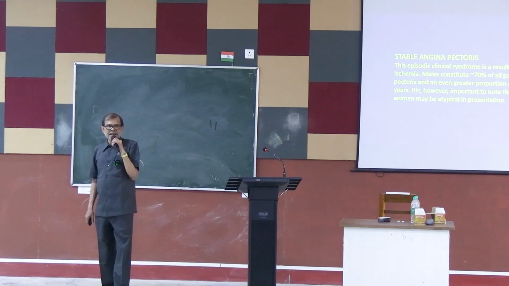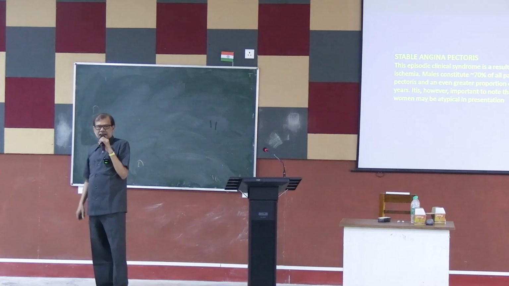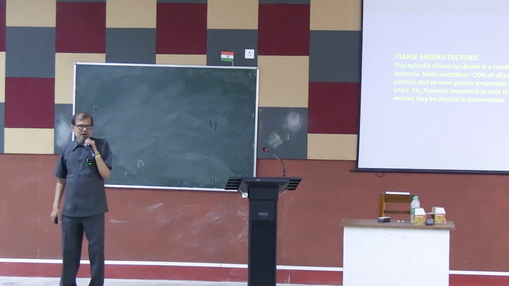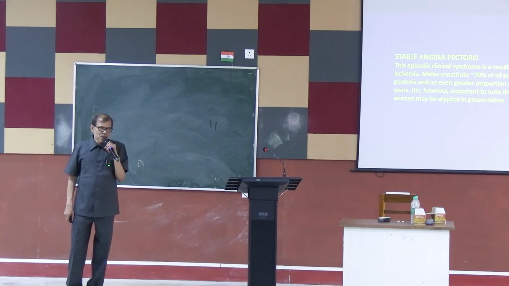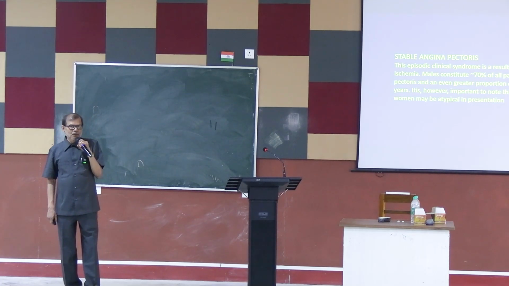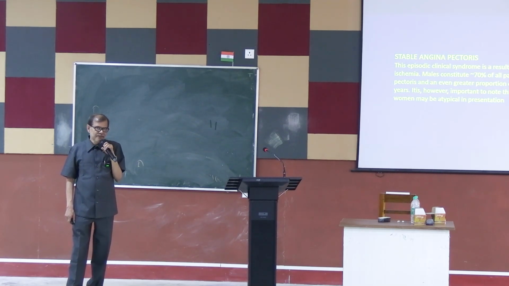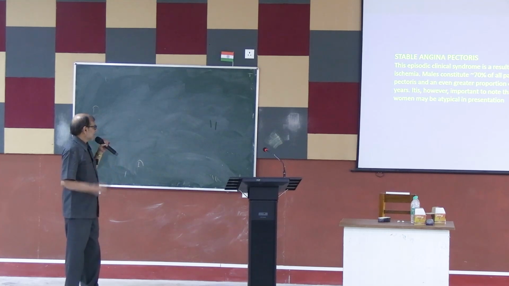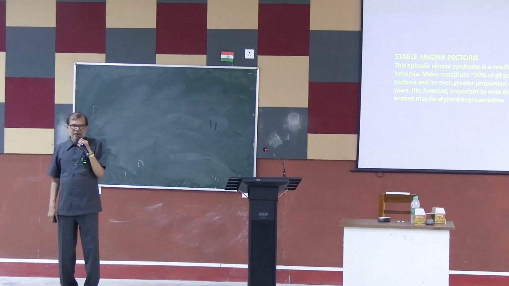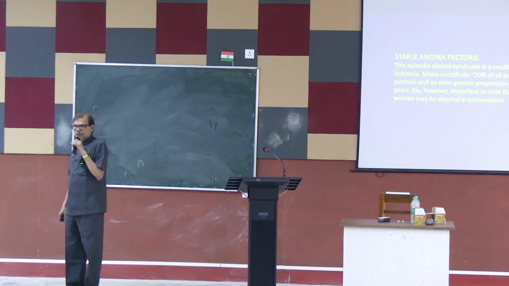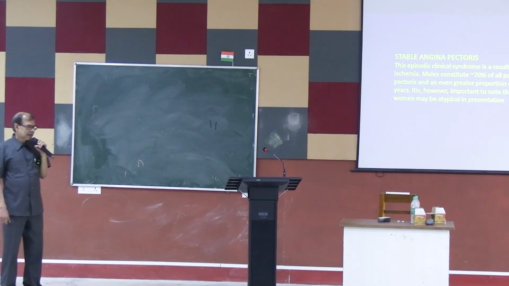That means episodic clinical symptoms and signs as a result of myocardial ischemia that is transient in nature, usually with a duration of 2 to 5 minutes, occurs on exertion, crescendo, decrescendo in type, and much more common in males in the age group of less than 50, or in case of females in the age group of less than 60. This is the chronic stable angina.